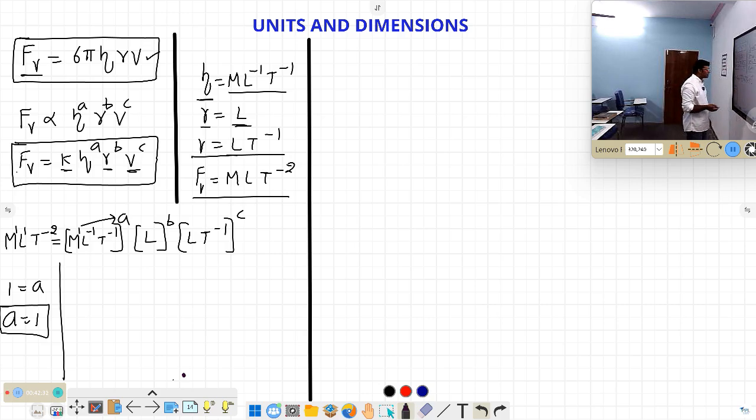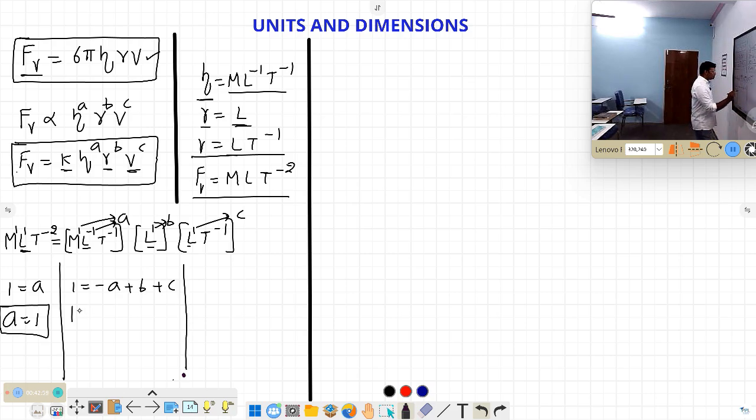Next, compare the length. The left side length power is 1 and the right side length power is minus 1 into A, minus A. Then 1 into B means nothing but B. Then 1 into C, nothing but C. Since the bases are the same, the powers must be added. That is minus A plus B plus C. Now put the A value here.